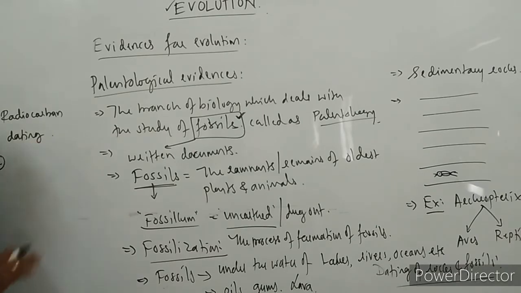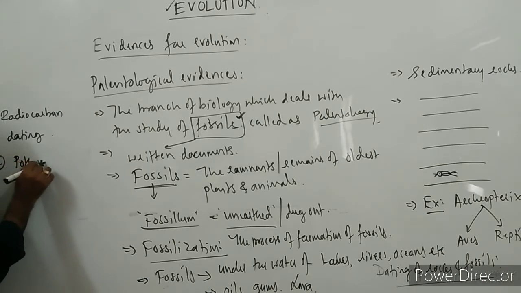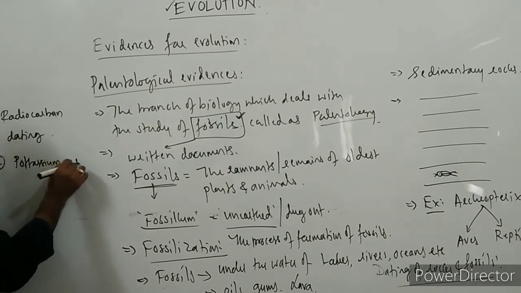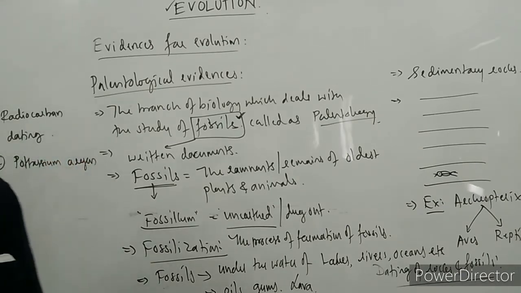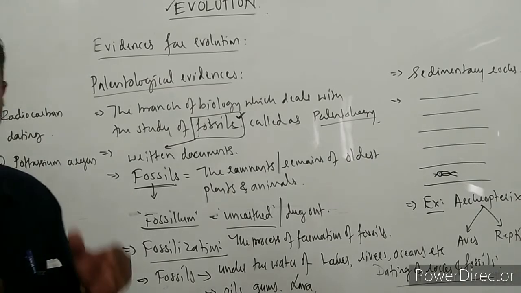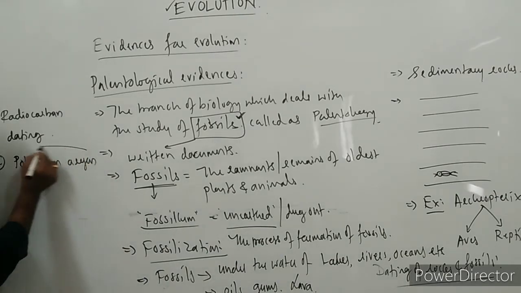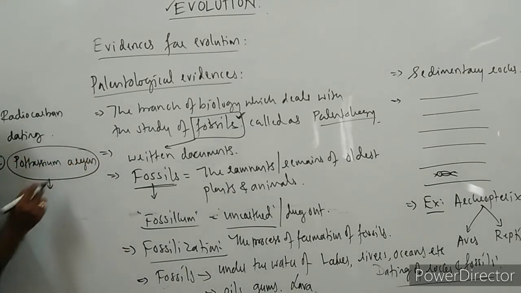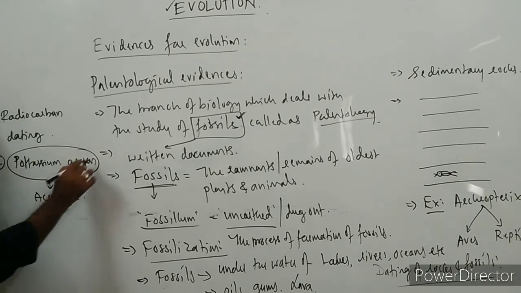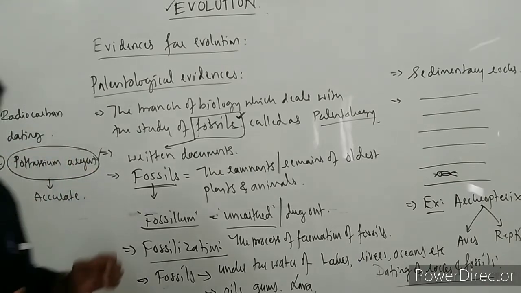And the second one is potassium-argon. The potassium-argon method is another method to know the age of the fossil itself, and this is the most convenient and the most accurate method of knowing the age of a fossil.